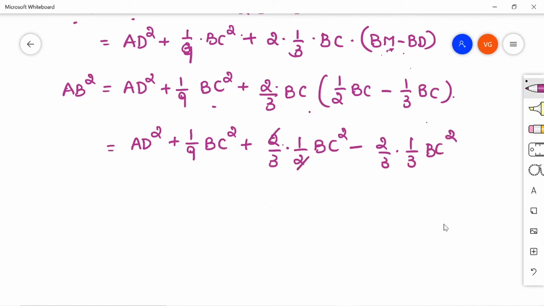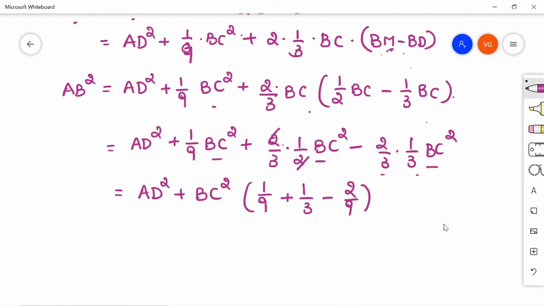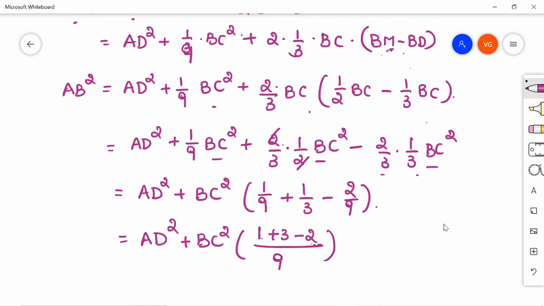All the 3 terms have BC square, so I am taking BC square as common. The fractions remaining are 1 by 9 plus 1 by 3 minus 2 by 9. Taking LCM 9: 1 plus 3 minus 2, 4 minus 2 is 2.